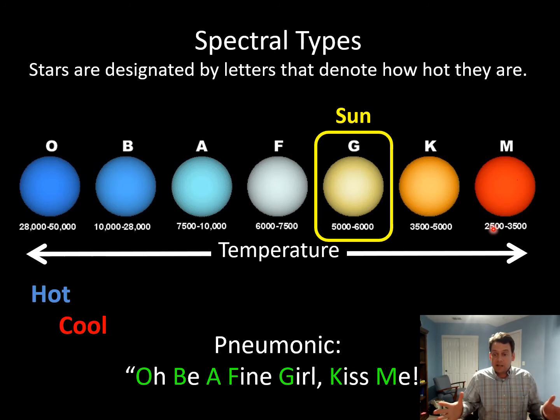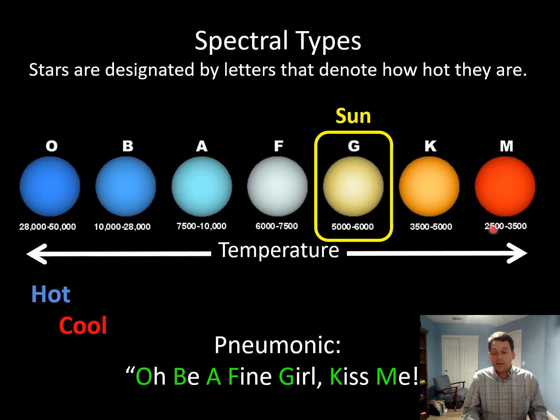There is a mnemonic that may help you because the absurdity of it will help it stick, and that's "Oh, be a fine girl, kiss me." And I think I've seen that there are some different versions of this. You can use it or not use it, but otherwise, I have no idea how you're going to keep the spectral classes in order.